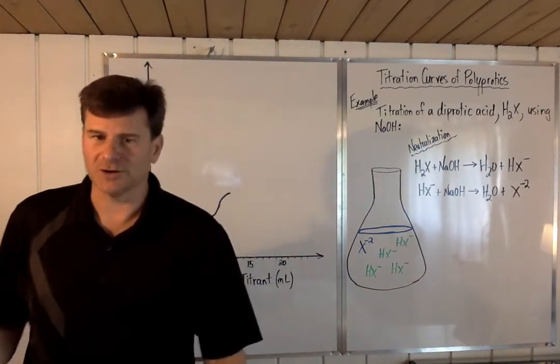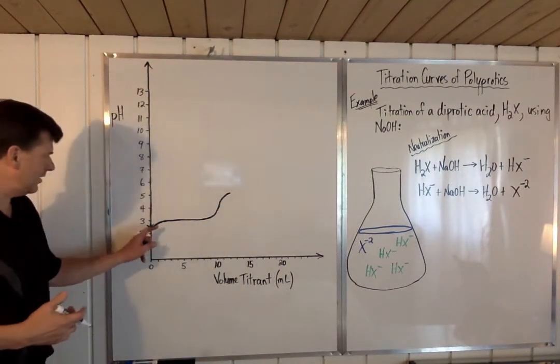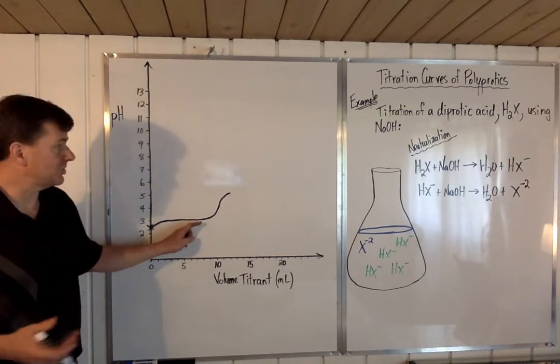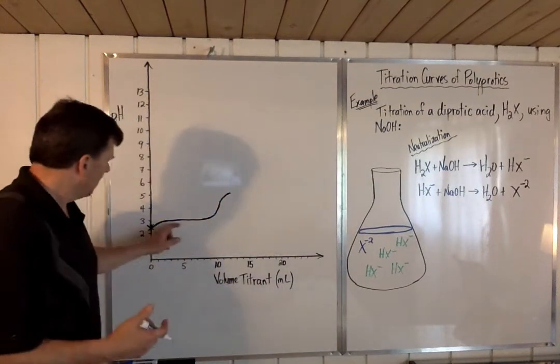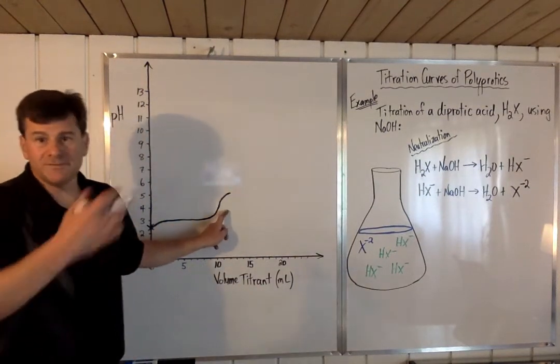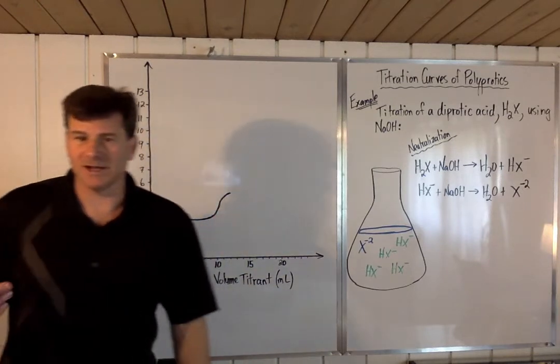It's going to start to plateau again. Just like a quick rise here, then a plateau, because there was a buffer solution between H2X and HX minus. Then we got rid of all the H2X, so we got rid of that buffer solution.